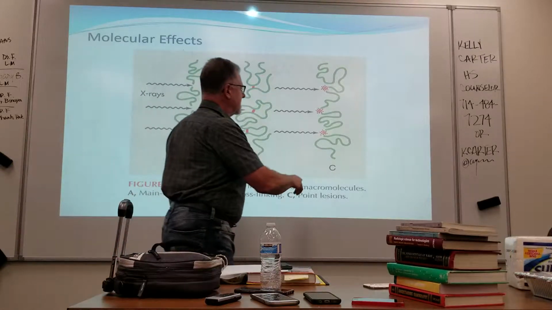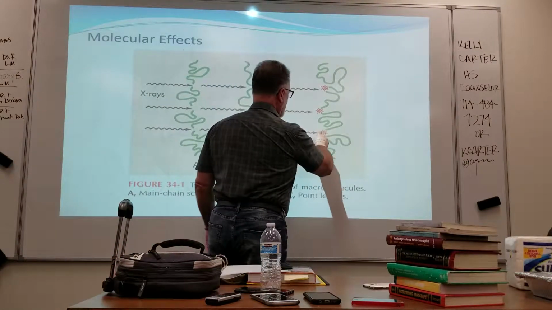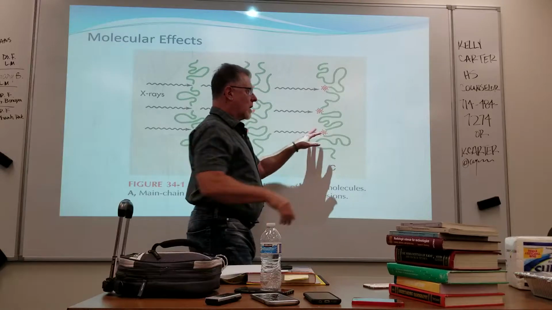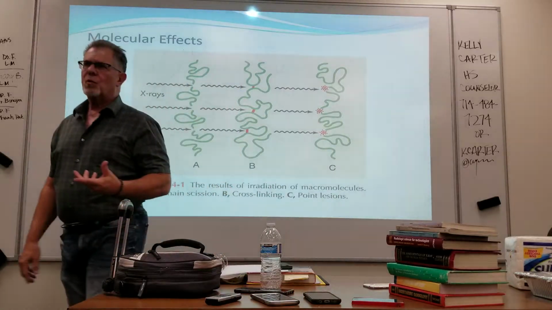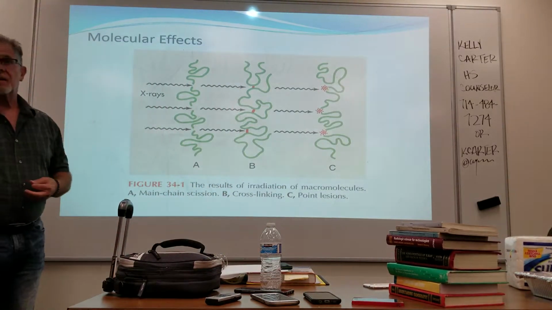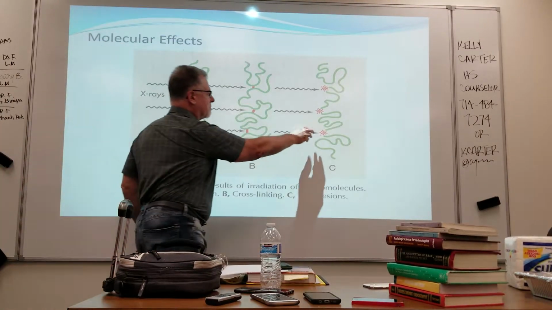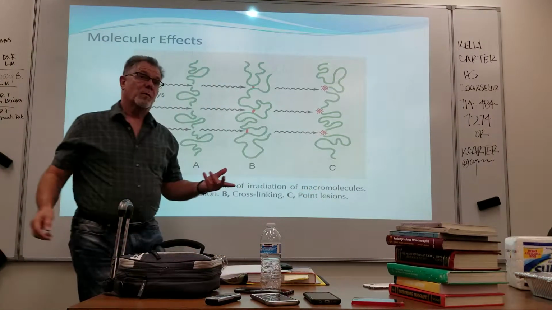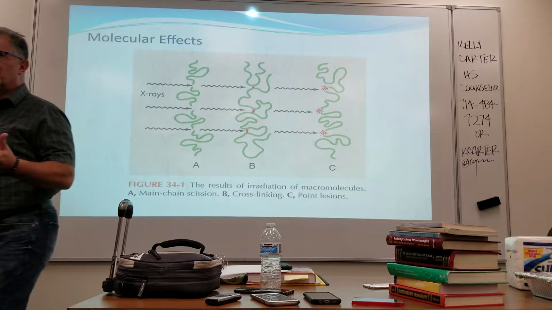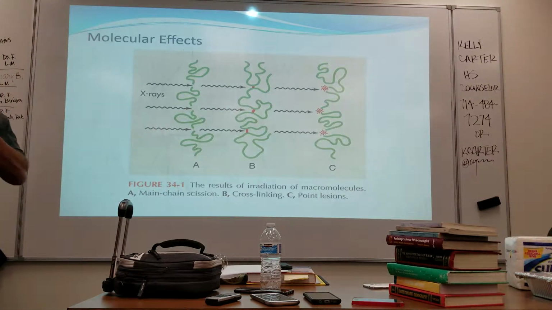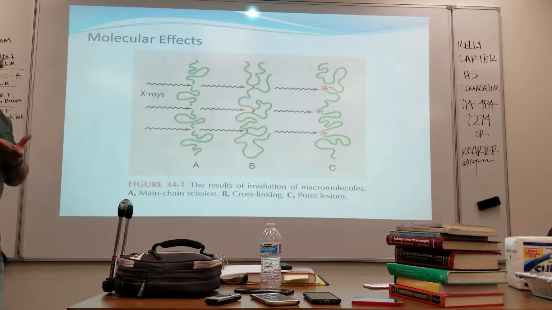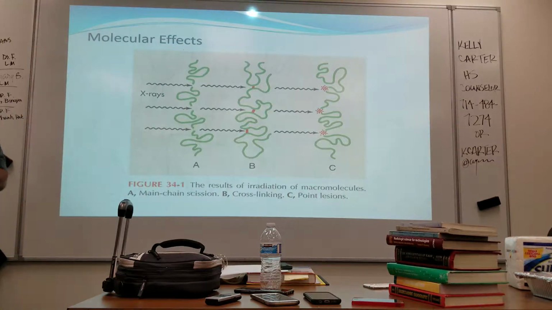And then point lesions, where you've got something that interrupts the general appearance, the general construction of that part of it. Maybe it's been repaired, but it's like Legos that kind of look like they fit, but not quite, but maybe it's close enough. Okay, so those are the three types.